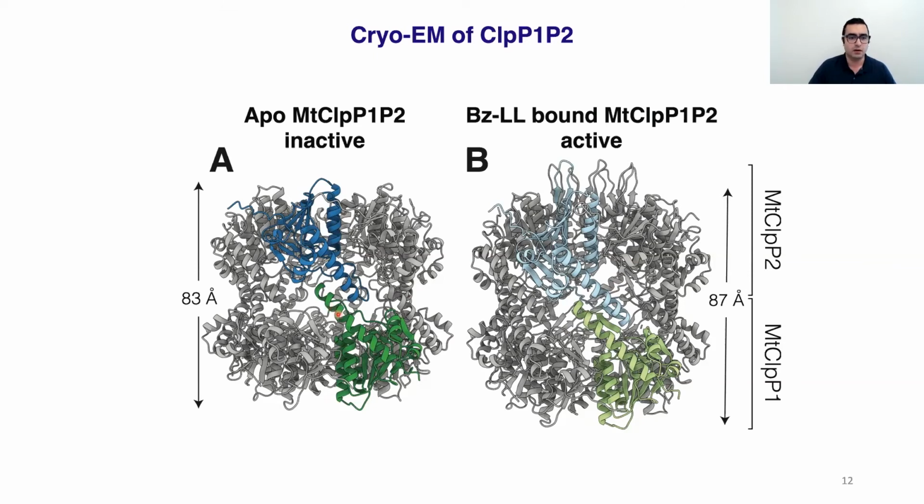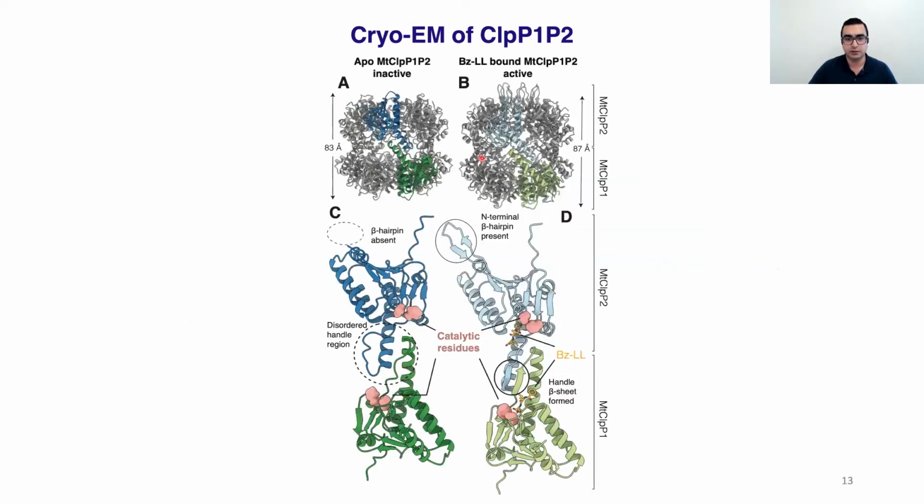This overall view shows you the side view of the barrel, and the height of the complex is a little bit shorter, 83 angstrom relative to 87 for the bezel-bound form. If I zoom out a little bit from the overall structure and focus on opposite protomers, you'll see that the handle region, which in the bezel-bound form and all of these other active bacterial ClpPs is nicely formed, has a nice helix preceded by a beta strand that comes together and forms a beta sheet with the opposite protomer.